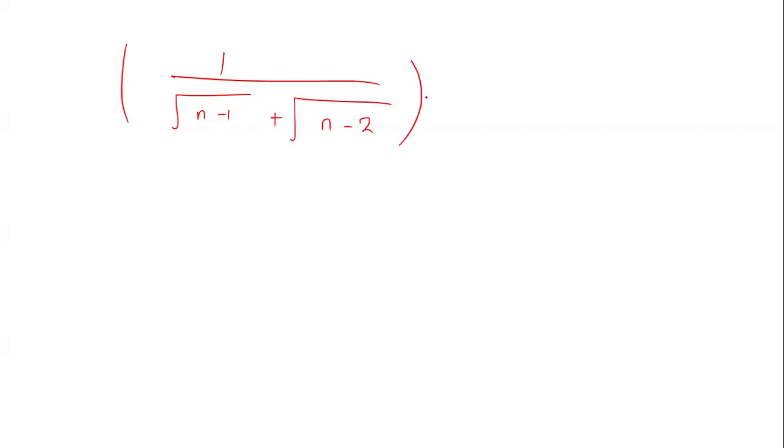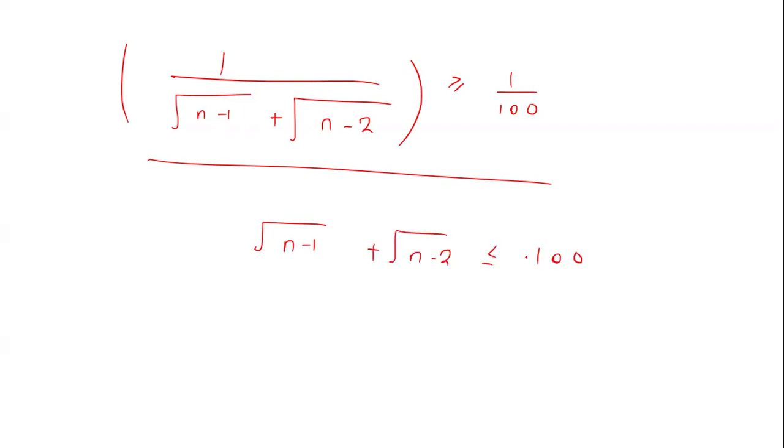So if you replace n by n minus 1, the inequality becomes like this: it should be greater than or equal to 1 by 100. Now we have this equation.